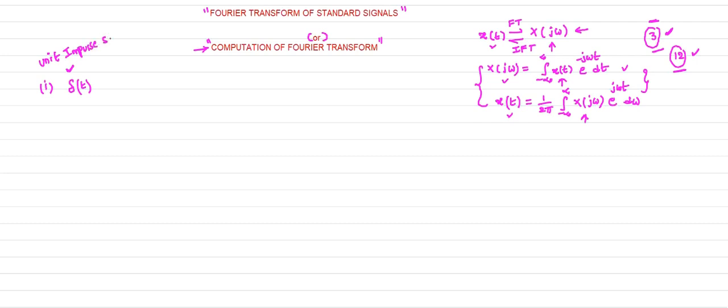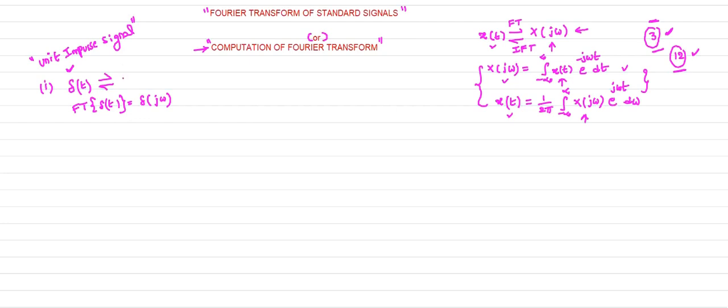I want to find out the Fourier transform of this unit impulse signal. What is the Fourier transform of delta of t? It is nothing but delta of j omega.